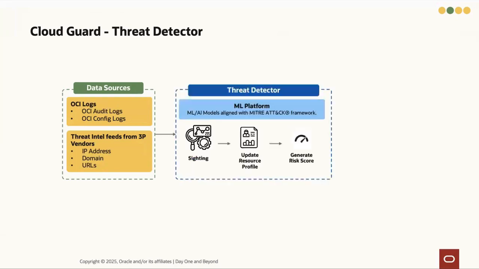If it sees a sighting, let's say of an IP address, it stores that in a resource profile, and the resource profile may hold more than one sighting. You may have 10 sightings coming from different angles, correlated with the logs. This resource profile gets generated, and then we generate a risk score. If it's a high enough risk score, well, guess what? Then we're going to create a problem.